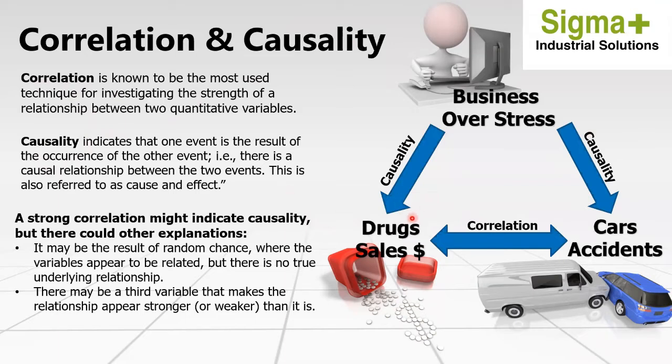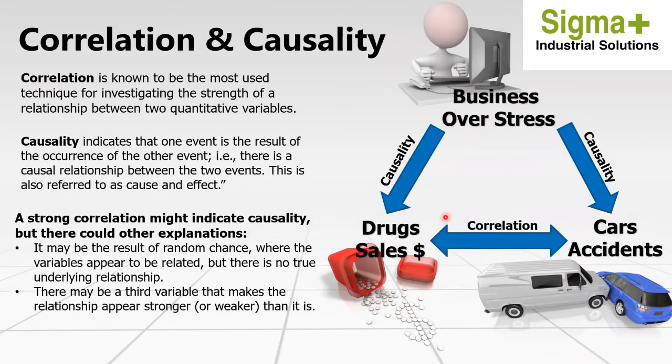As an example, if we want to conduct a correlation study between the daily car accidents and the daily drug sales, we might see a common causality related to business overstress.